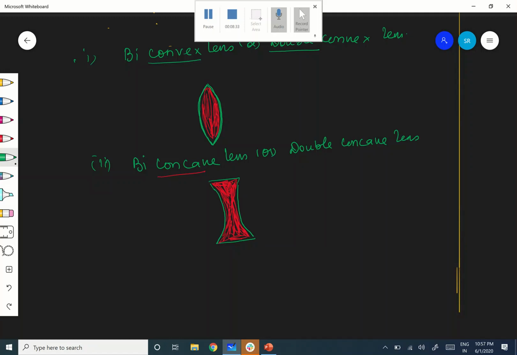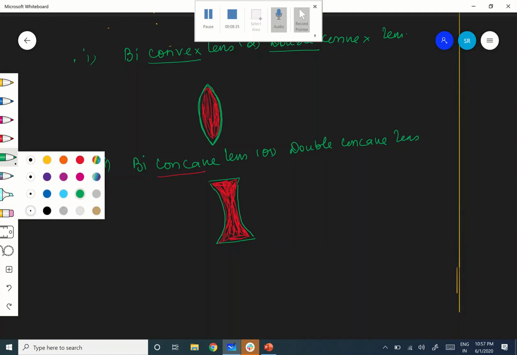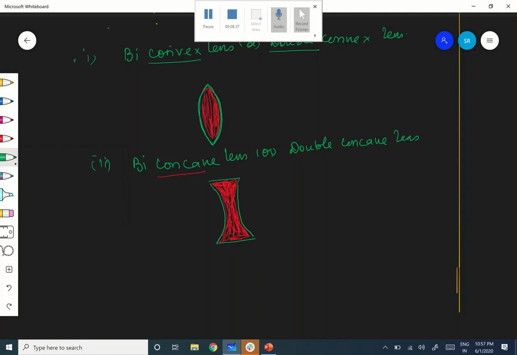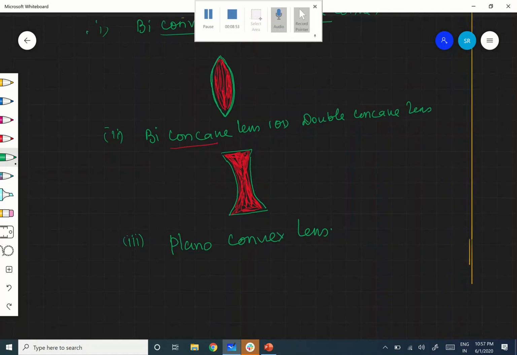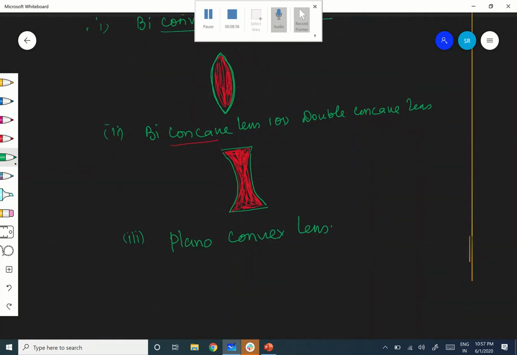Apart from that, you should know there are other interesting lenses also. What are they? For example, you can say a plano convex lens. What do you mean by plano convex? It is very clear: one side is plane, plano, and the other side is convex.